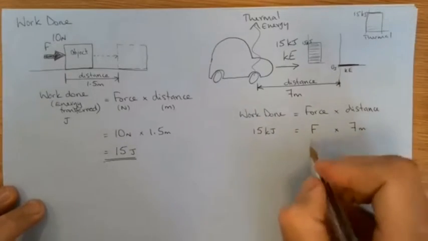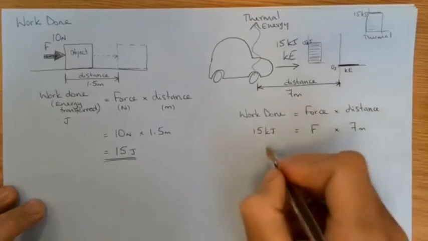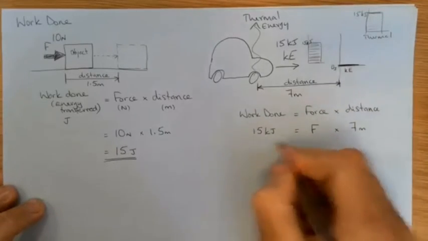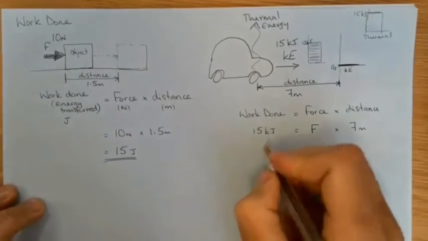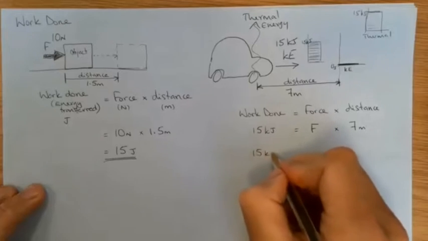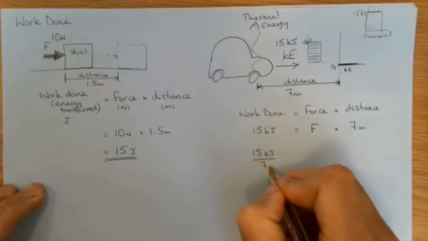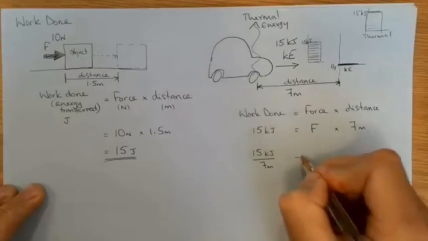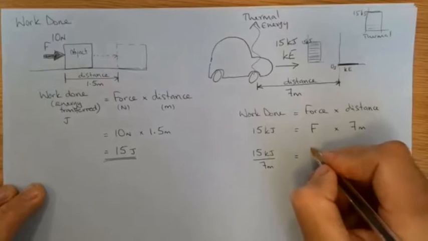I'm going to rearrange the equation, so I do that by doing the opposite operation on this side of the equation. So it's 15 kilojoules divided by 7 meters. Let's do it fully then.